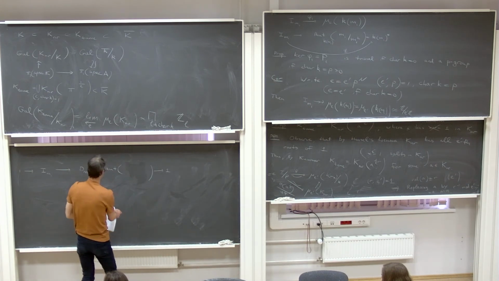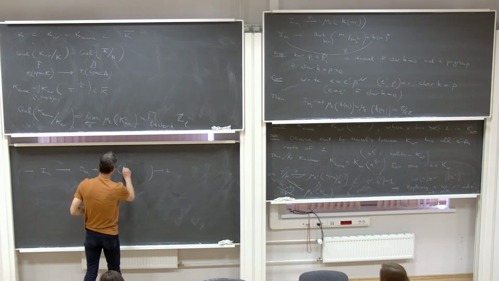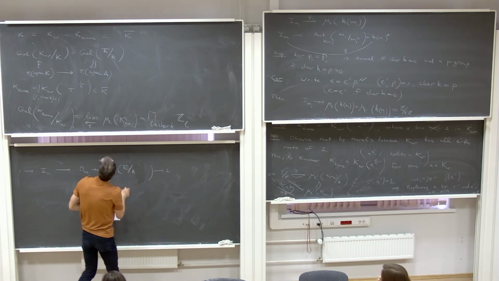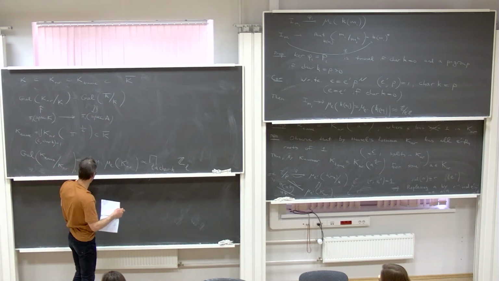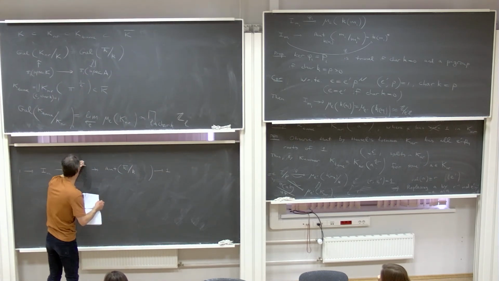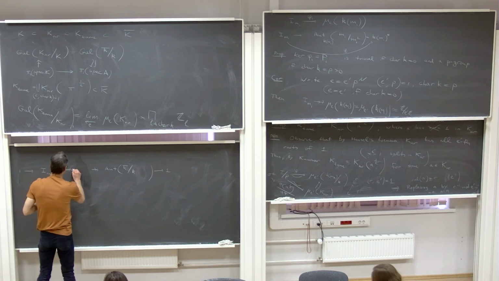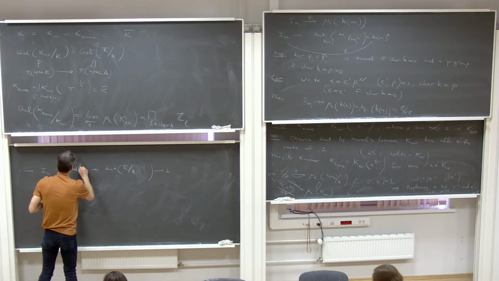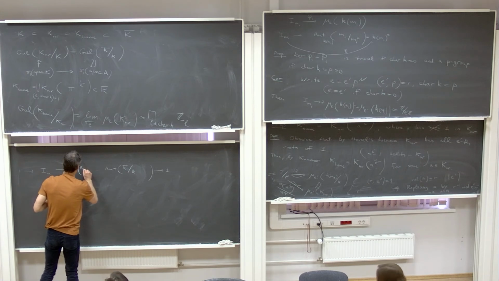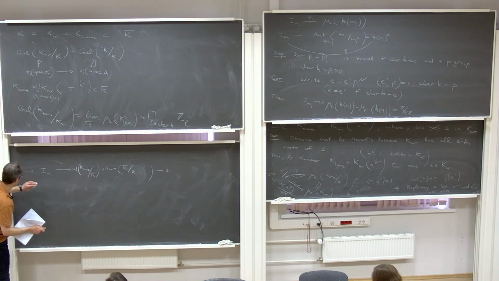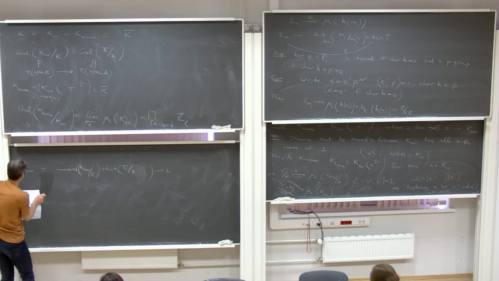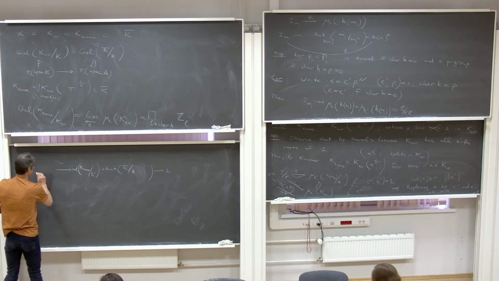So, good. We have the following short exact sequence. We have the Galois group of these unramified extensions, this group. Then we have the Galois group of K tame over K. And here we have the Galois group that we just computed. So this is the inertia group.